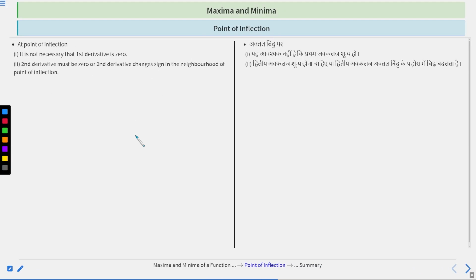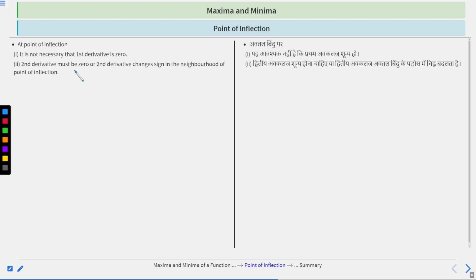Next point is the point of inflection. What is a point of inflection? At a point of inflection, it is not necessary that the first order derivative is zero.